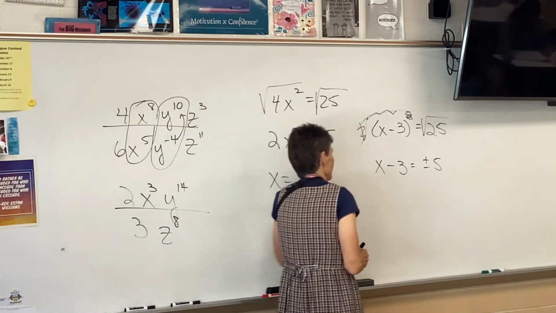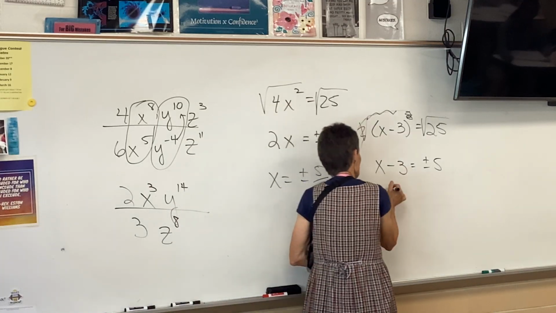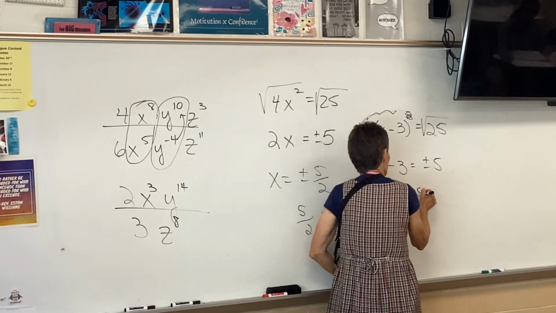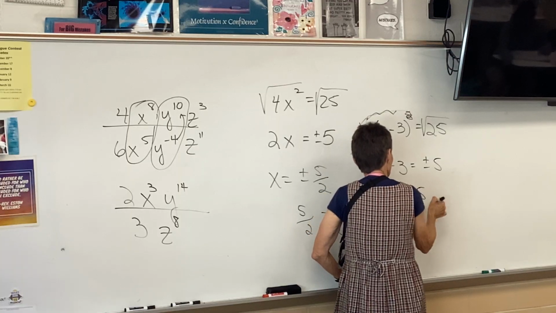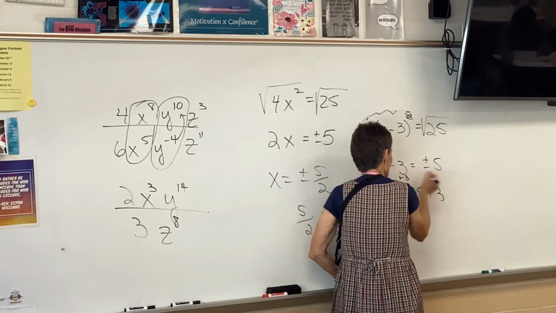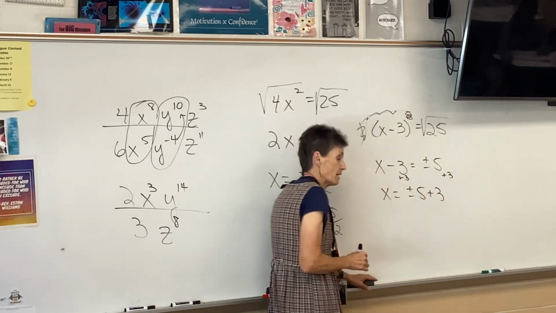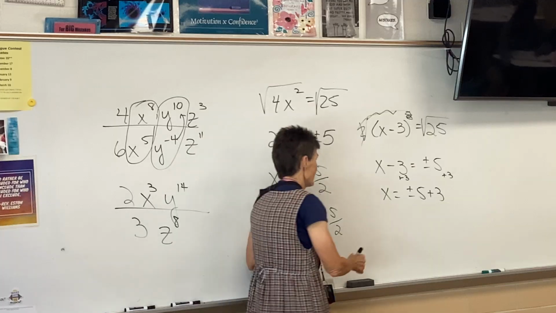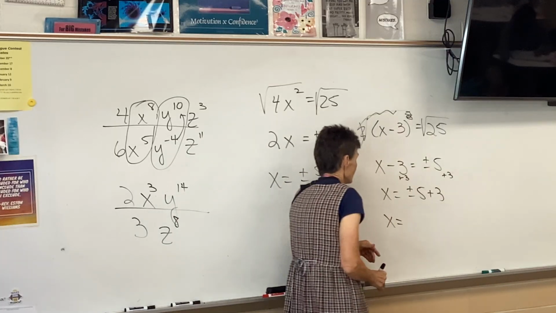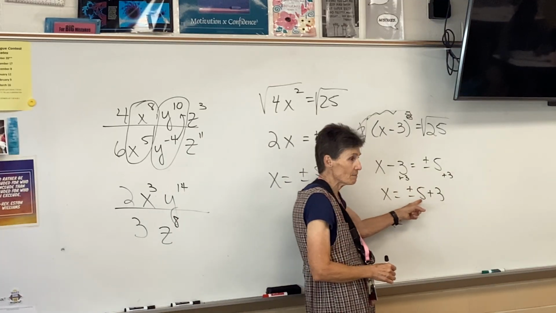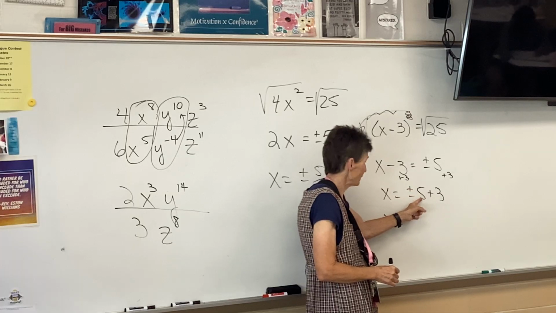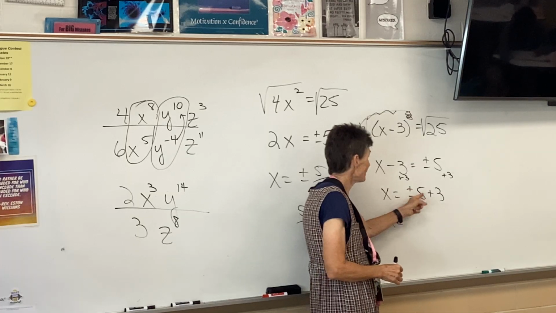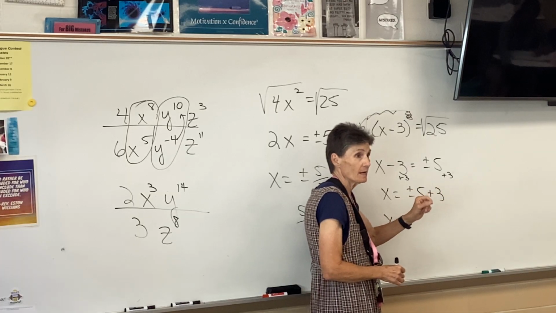Now, I'm going to add 3 to both sides. So plus or minus 5 plus 3, does that make sense to you? Now, don't leave it like that, because that can be simplified. One answer is 5 plus 3, so one of the answers is 8.